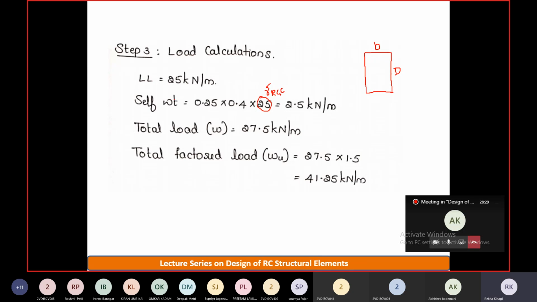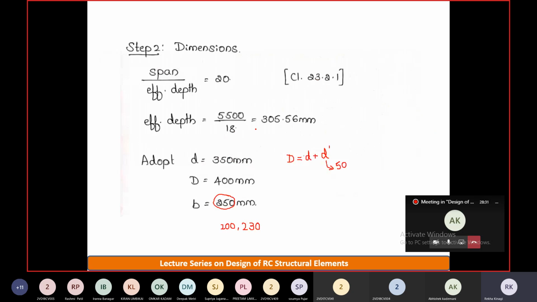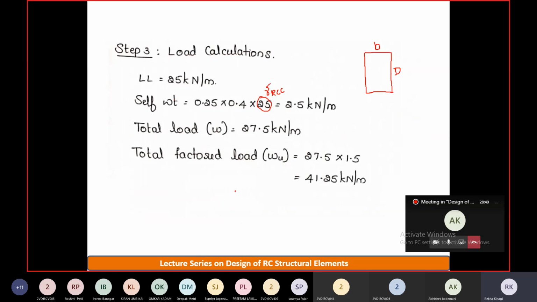Breadth into overall depth into unit weight of RCC. Here the breadth to be considered is 250 mm, that is 0.25 meter, and overall depth is 0.4 meter.